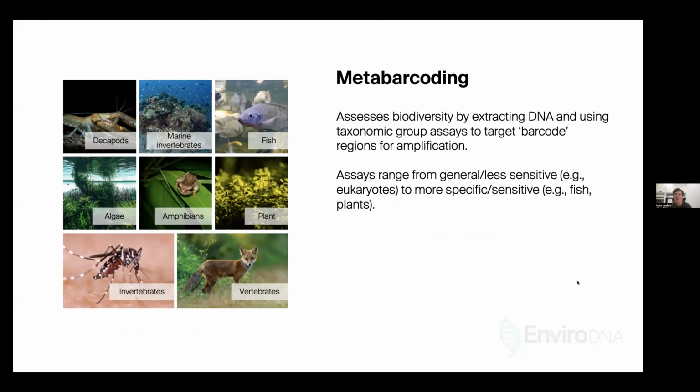But for microbes, algae is actually quite challenging, diatoms, that kind of thing, then higher taxonomic levels. And these assays can be designed to be incredibly broad, for instance, across all eukaryotes, or more specific. For instance, we have a decapod assay, let's say, if you're particularly interested in that group.